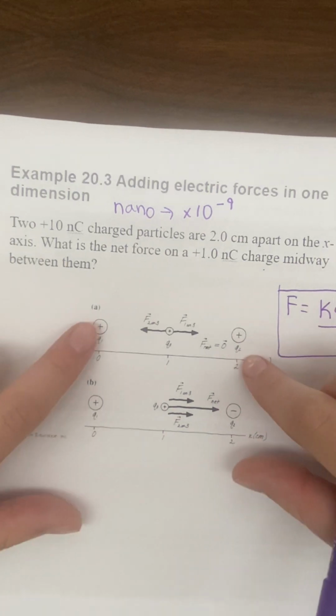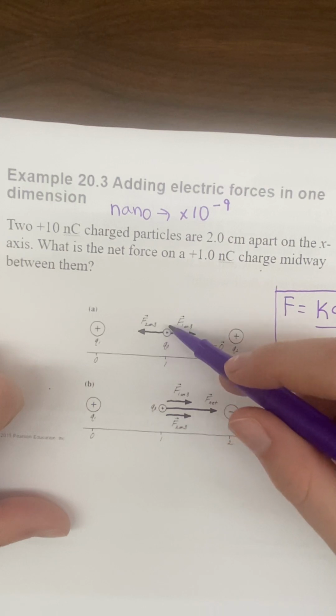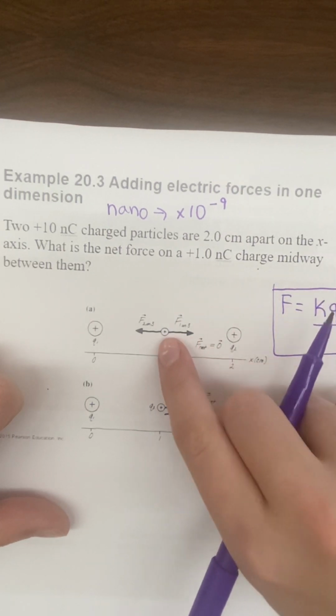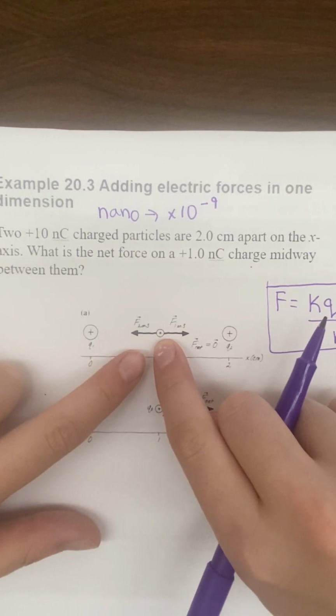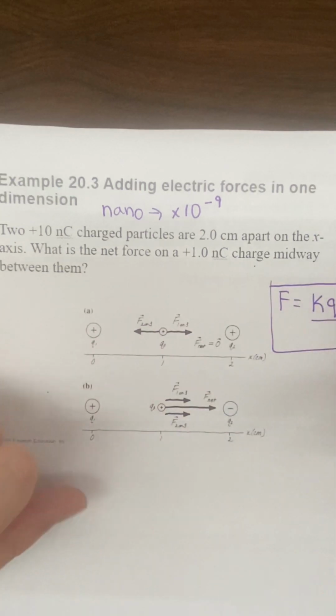So we have a picture here showing our 2 charges, and then our test charge, this guy's 1 nanocoulomb. And we know that it would feel a force repulsed by this guy, and then repulsed from this one in the other direction. And then it's asking what the force is halfway between them.